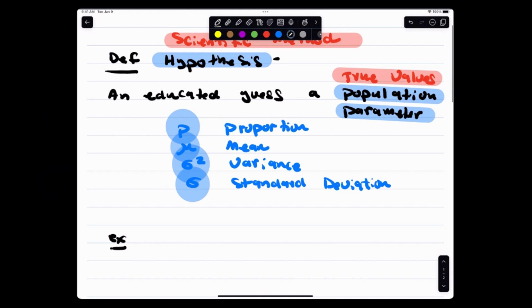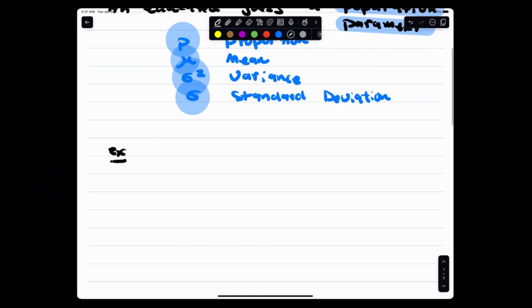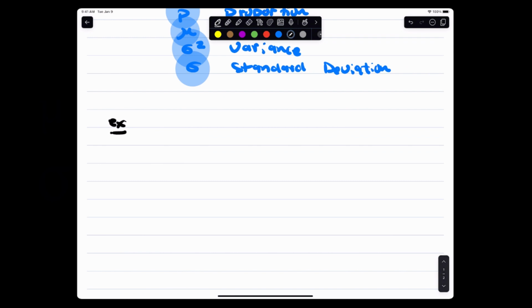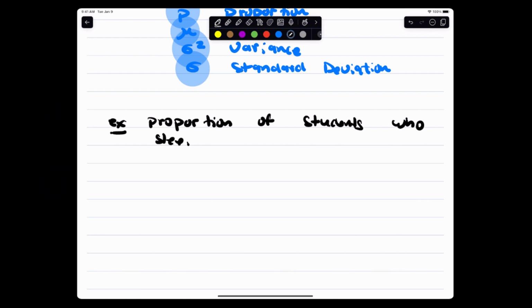The first step is to show you guys examples of what we mean by hypotheses. So what if I said to you guys, I'm going to write down this statement: the proportion of college students who sleep till noon.